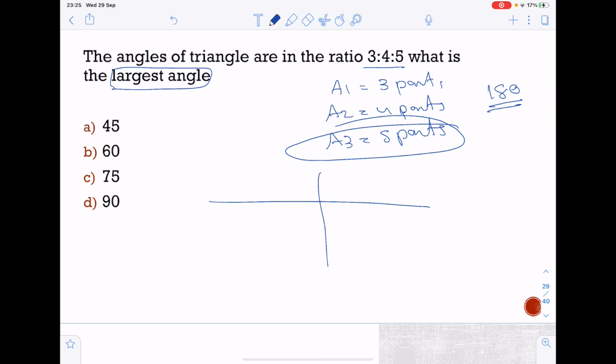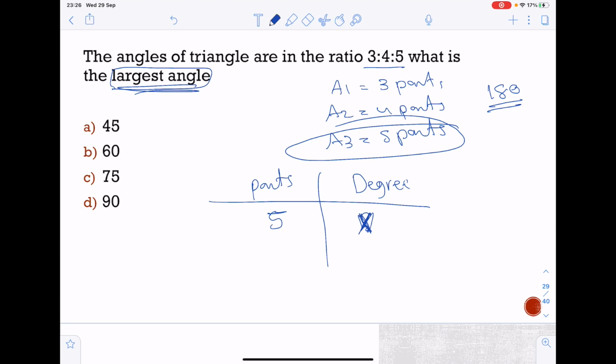So let's see, I have here parts, and here I have degrees. Of course, the largest angle is the angle with 5 parts, and we don't know what the degree is. We can write this as x.